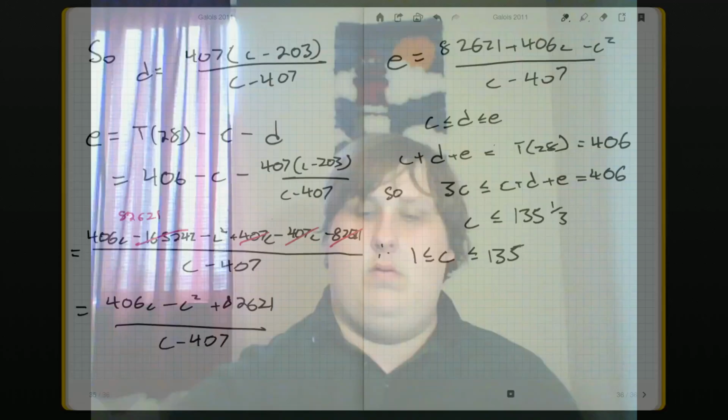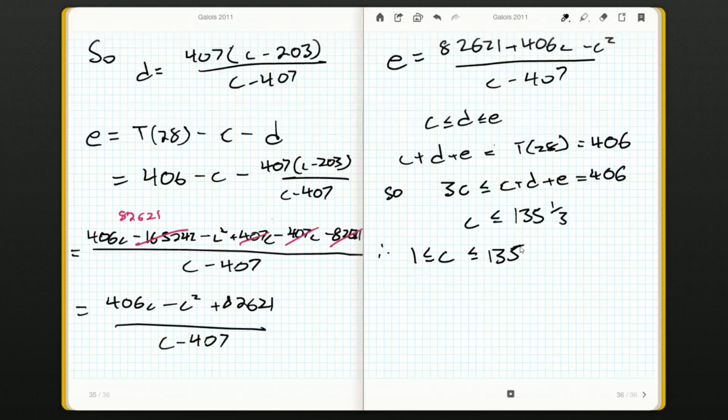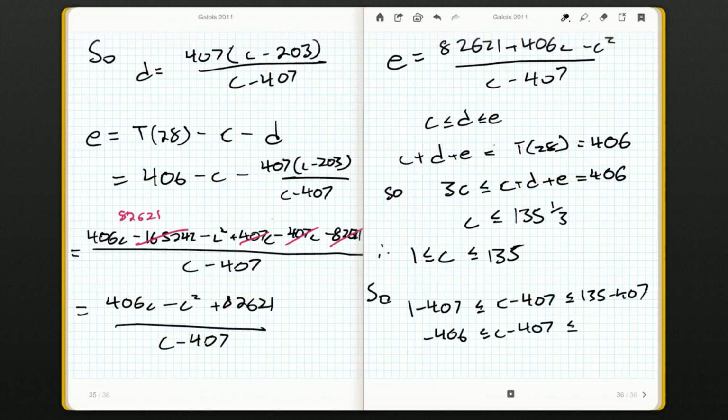All right. Oops, wrong thing. So negative 406 is less than c minus 407, and then 135 minus 407, negative 272.